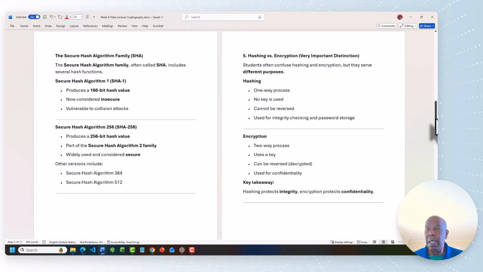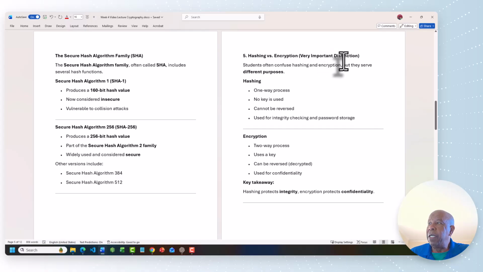So SHA-256 is part of the secure hash family, widely used and considered secure. Other versions include SHA-384 and SHA-512. And again, these are 384 bits, 512 bits. Bigger, bigger, bigger. The bigger the hash, the less likely somebody can break it.